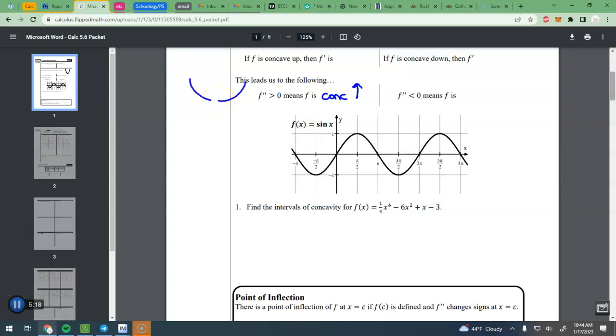If your second derivative is negative, that means, I should write out the word, I guess. Since we talked about it about 5 seconds ago, probably should abbreviate it. And so if the second derivative is negative, that means the function's concave down, which is one of those two shapes, or both.